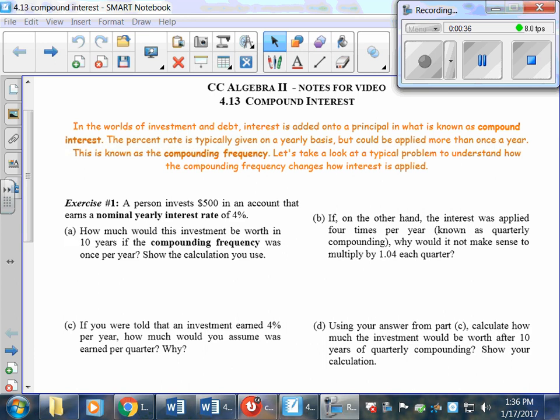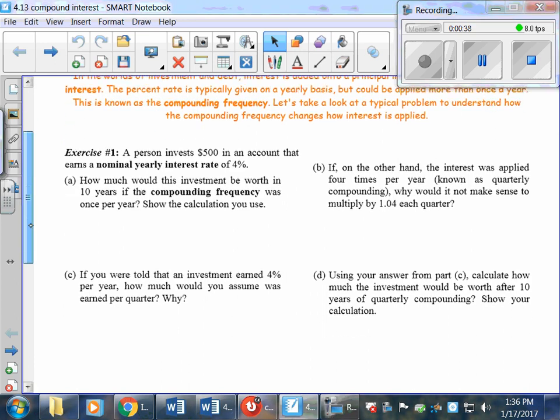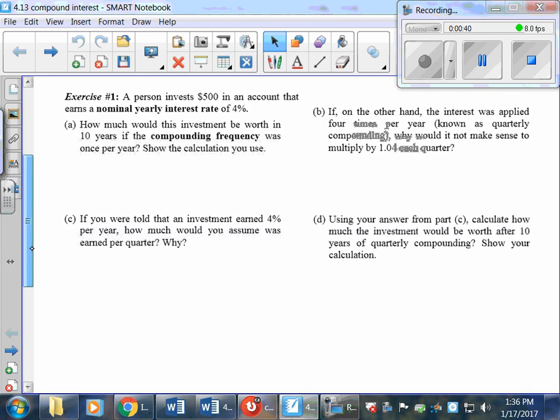So exercise 1. A person invests $500 in an account that earns a nominal yearly interest rate of 4%. How much would this investment be worth in 10 years if the compounding frequency was once per year?